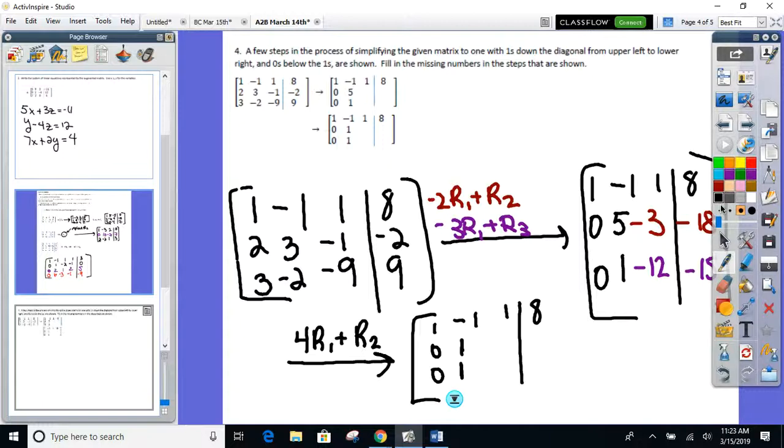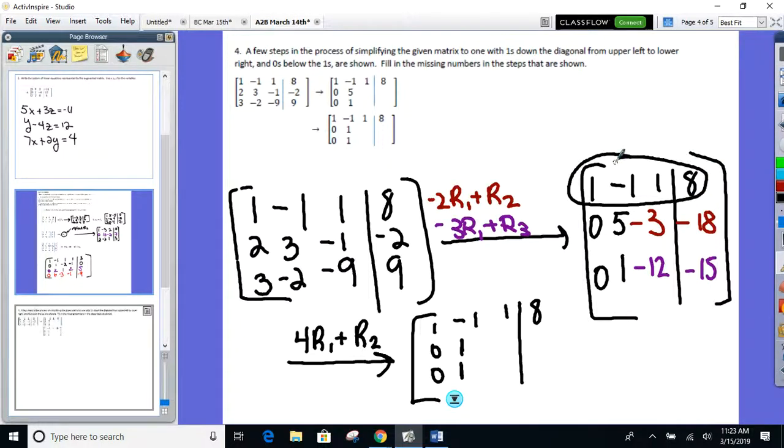Where do you multiply the 4 to? What row? Row 1. I understand row 1, but that one? This row 1 right here. Got it. And then you add row 2 to it. So ready, Matt? Yeah. So for this position right here, I'm going to multiply 1 by 4, gives me 4 plus negative 3.